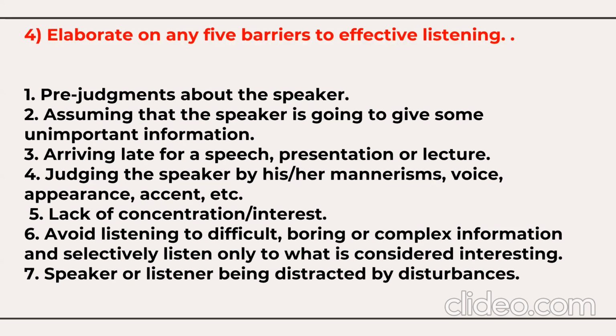Number one, prejudgments about the speaker: assuming that the speaker is going to give some unimportant information, arriving late for a speech, presentation, or lecture, judging the speaker by his or her mannerisms, voice, appearance, accent, etc. Then lack of concentration or interest: avoiding listening to difficult, boring, or complex information and selectively listening only to what is considered interesting.